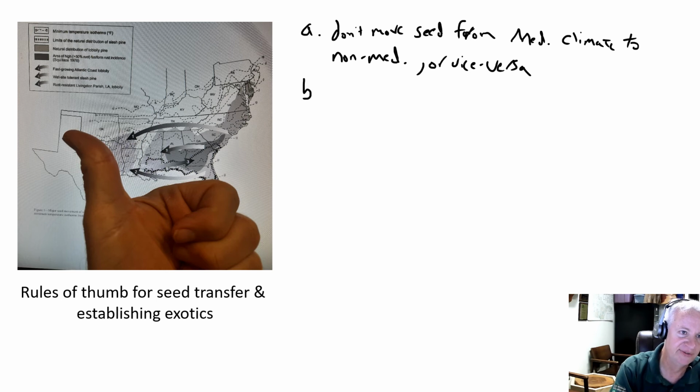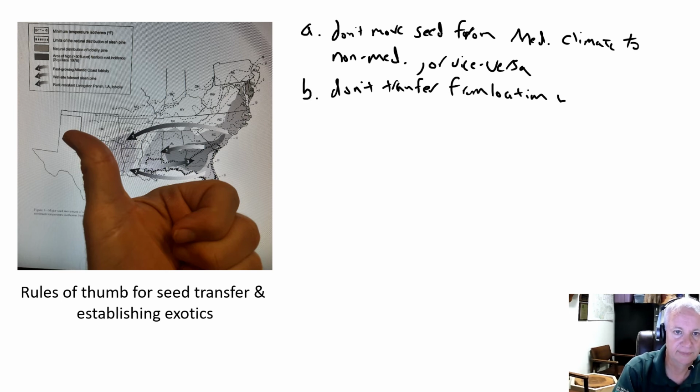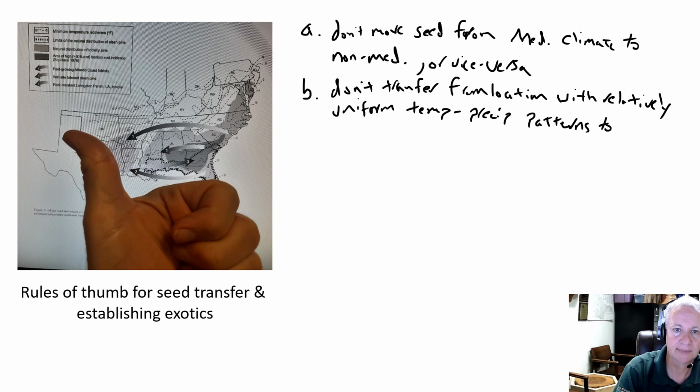So, and that sort of speaks also to don't transfer from a location with relatively uniform temperature or precip patterns to one without.